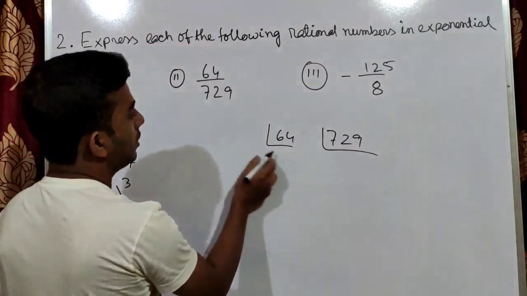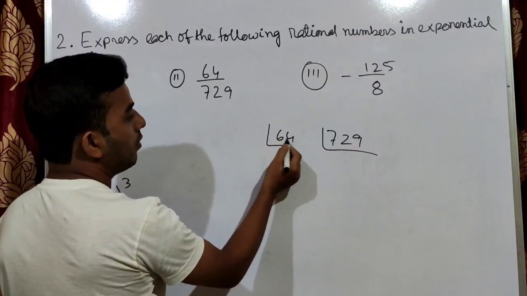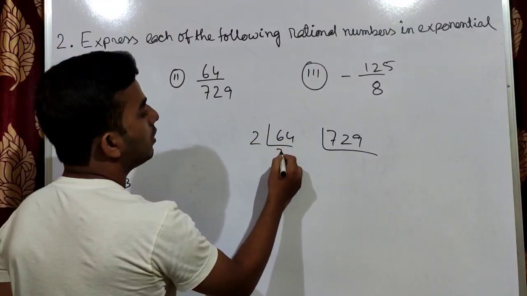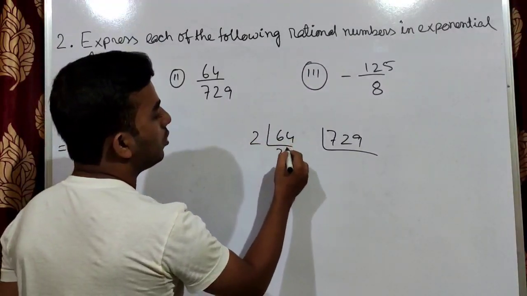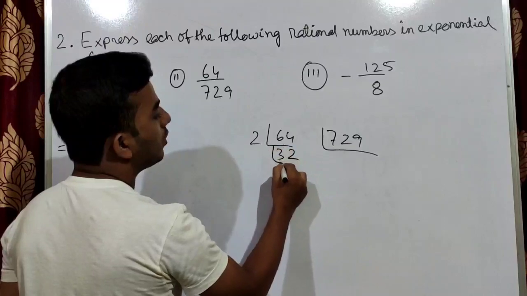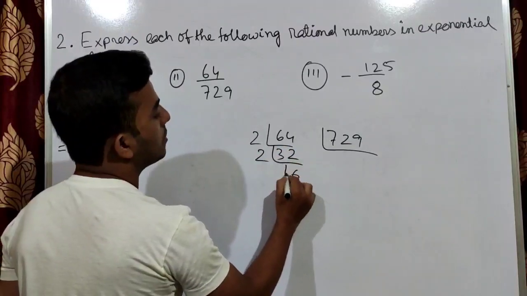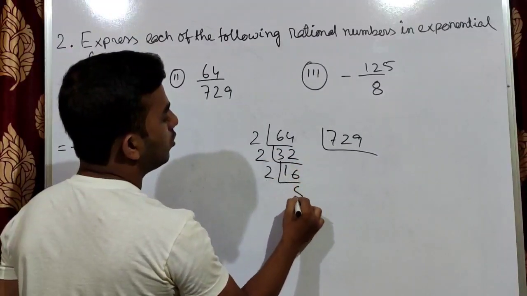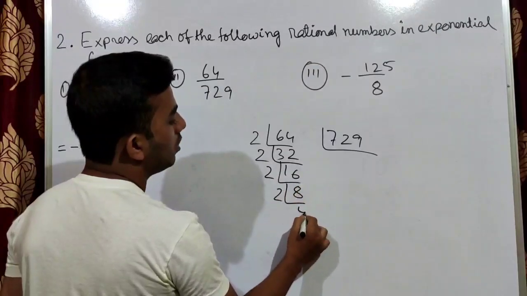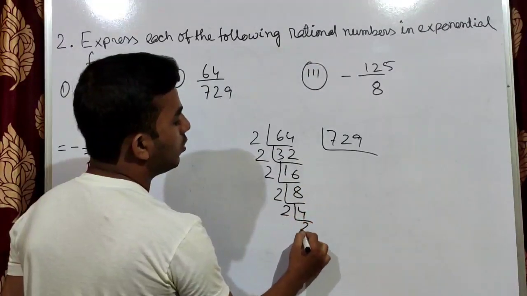Now look, 64 we can divide by 2: 2 into 32 is 64, then 2 into 16, then 2 into 8, 2 into 4, then 2 into 2.